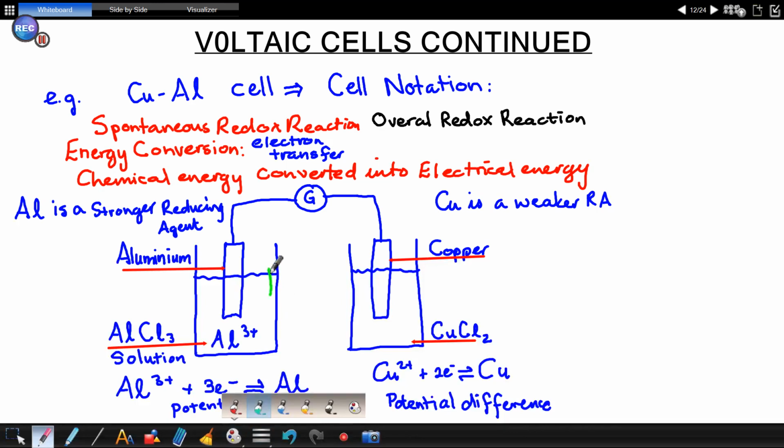So what do we need here? We need a salt bridge. So here we're going to put the salt bridge in there, and this salt bridge completes the circuit, and it prevents charge build-up in the half cells. So what will happen is aluminium will do what? Which reaction will take place? The forward reaction or the reverse reaction?